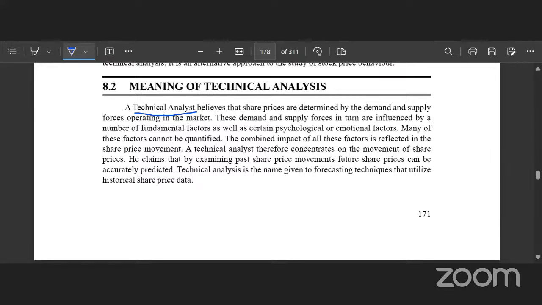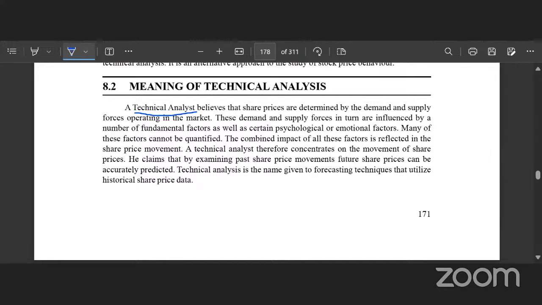As I mentioned, technical analysis is more about the price and volume data of the asset, let it be a share, debt, or whatever. You're not focusing on any other factor, like in fundamental analysis where you would like to know the industry, economy, everything. But in technical analysis, everything is done based only on the two important factors, price and volume.